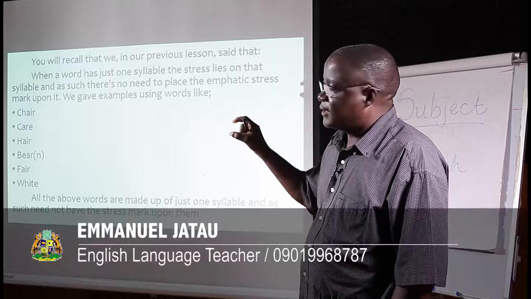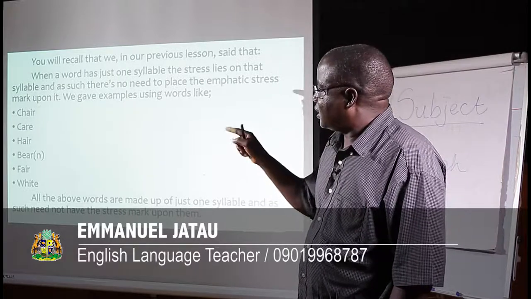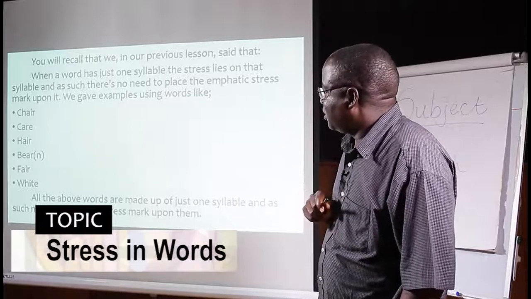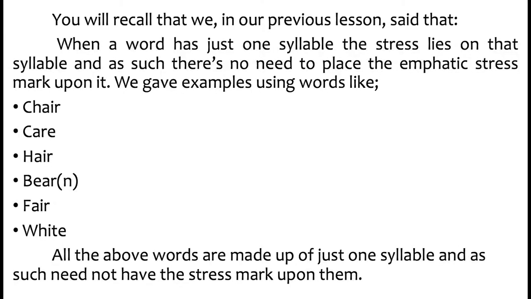Now you find there's an N in brackets to indicate that the word I'm using is a noun, not a verb. Fair, white. All the above words are made up of just one syllable, and as such, there is no need to have the stress mark upon them.